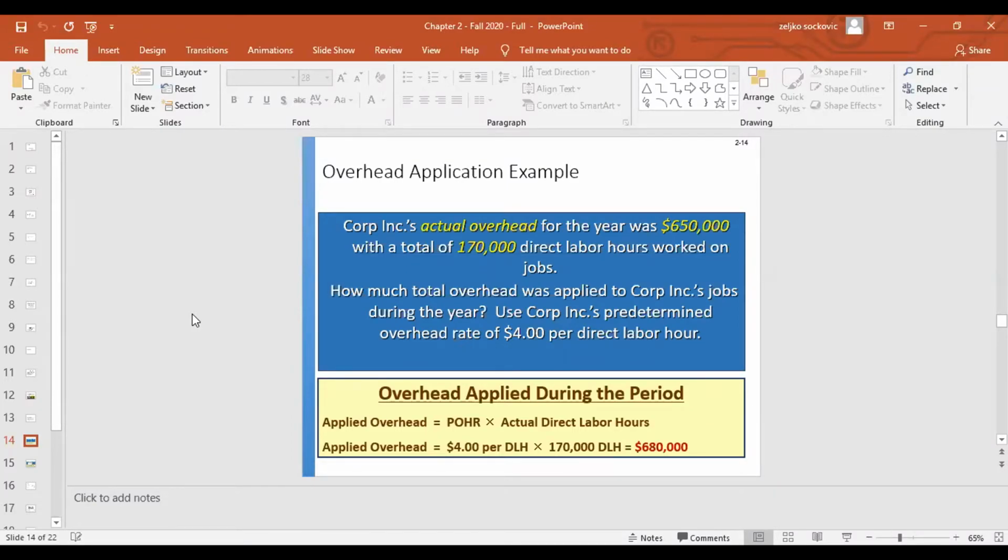What amount is in the cost of goods sold right now? Let's say we sold everything. Let me put it this way: which amount is in inventory and cost of goods sold?